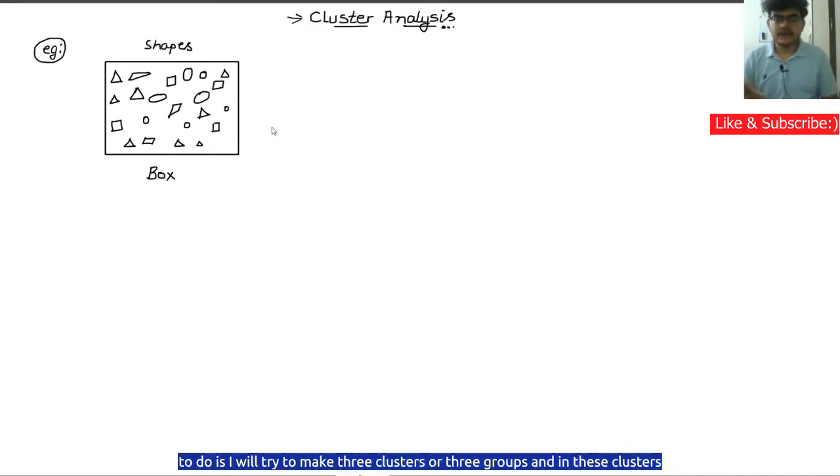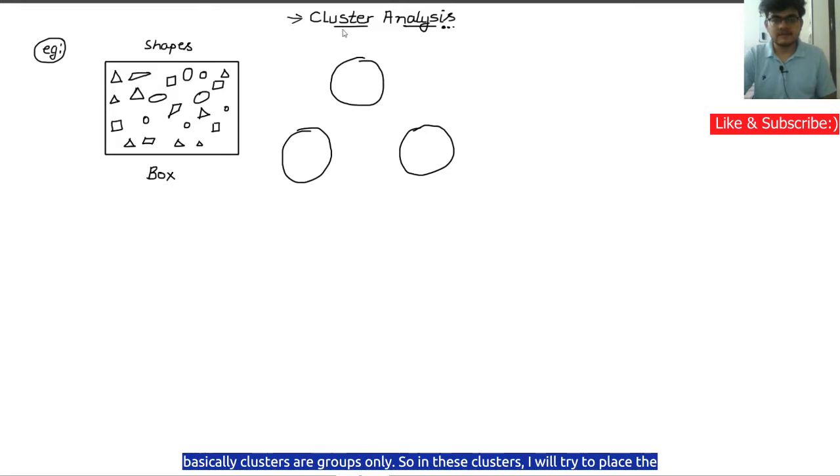So what I will try to do is make three clusters or three groups. Clusters are basically groups only, so in these clusters I will try to place the shapes in order of similarity.